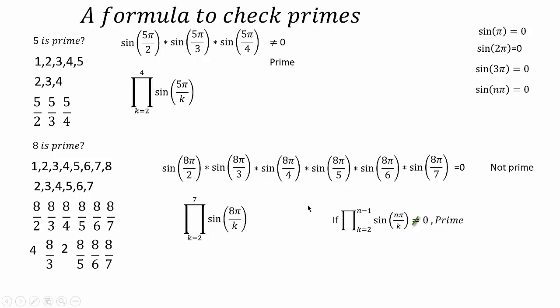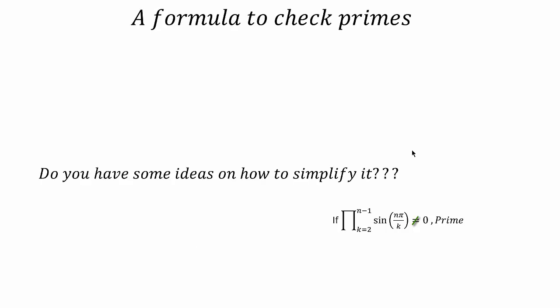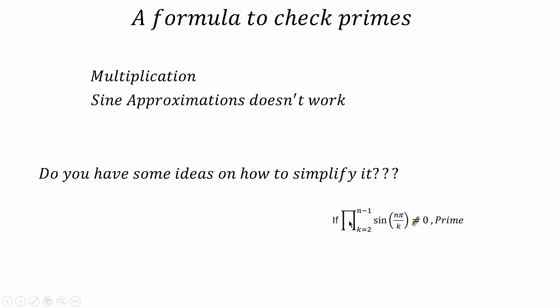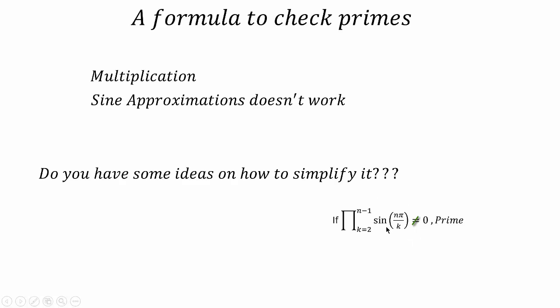Mathematicians have long tried to simplify this method, but what are the problems behind it? The problem is, as I have already discussed, that it's a function that involves multiplication. Whenever there are more terms, it will become more complex.